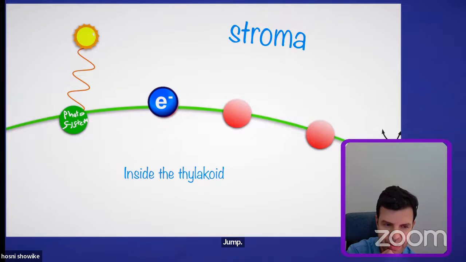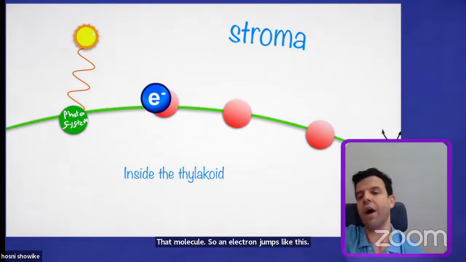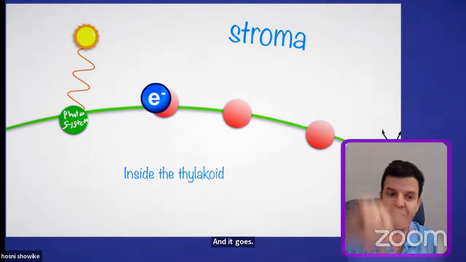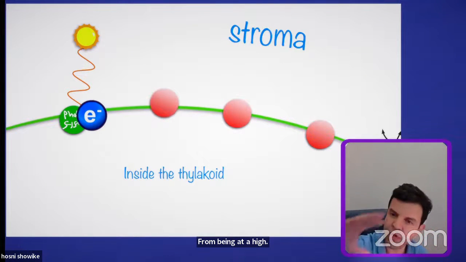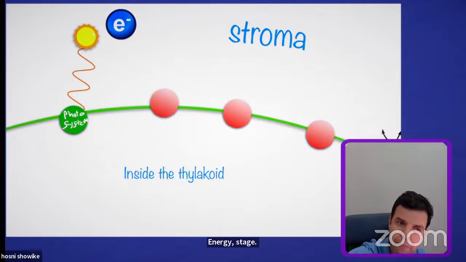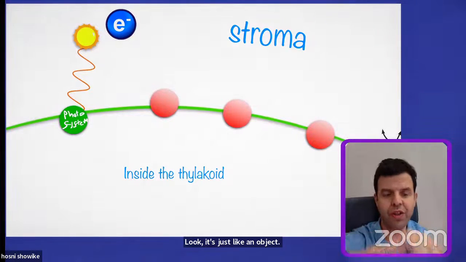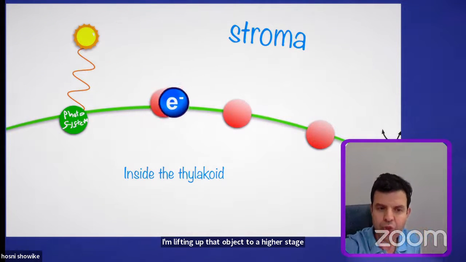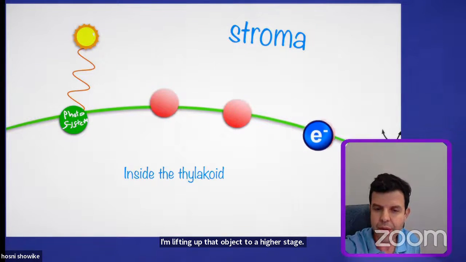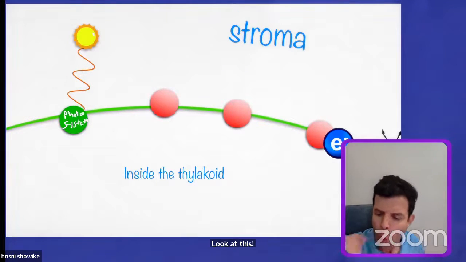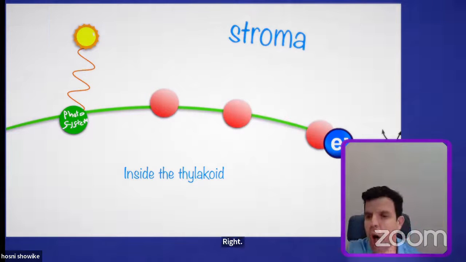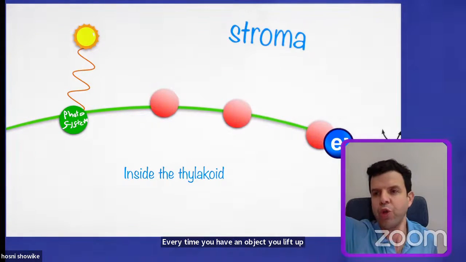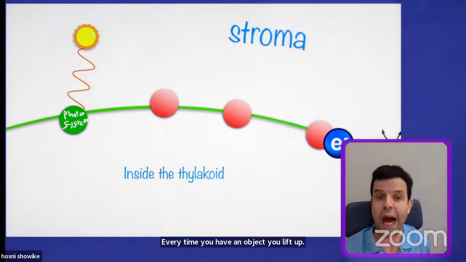So an electron jumps like this, and it goes from being at a high energy stage. Look, it's just like an object. I'm lifting up that object to a higher stage, and then it drops down slowly, like this, right? Every time you have an object you lift up and you drop down, what will happen?